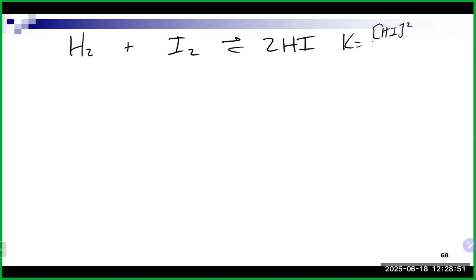There it is. So we got H2 plus I2, and that goes to 2HI. Going to give us our same equilibrium expression of HI squared divided by H2 and I2, going to equal our 54.3 that we saw there. So initially for H2, we got 0.00623.